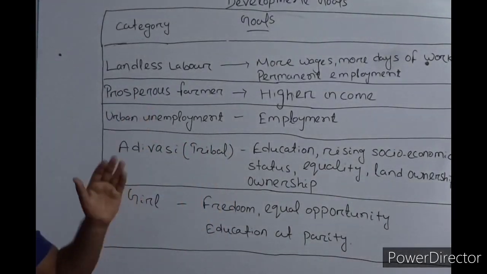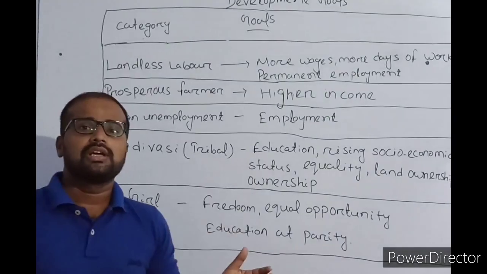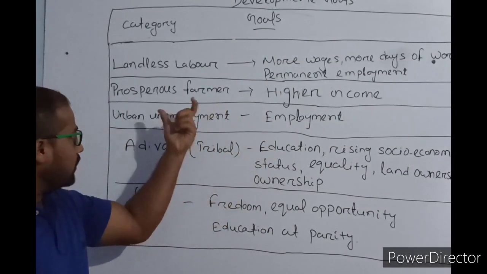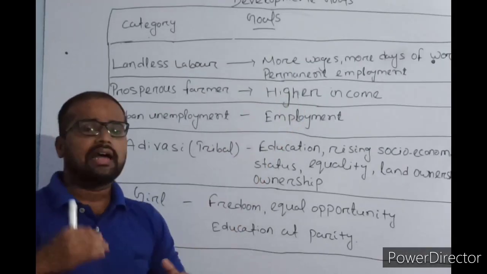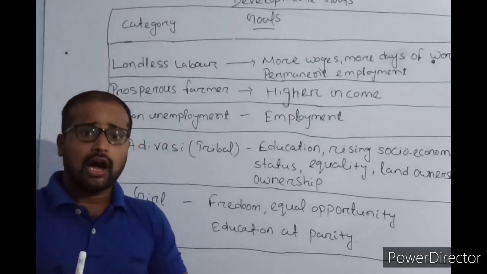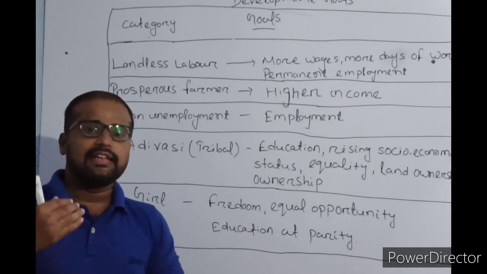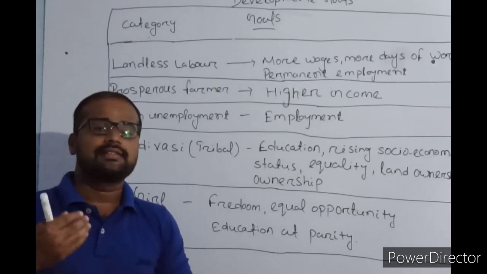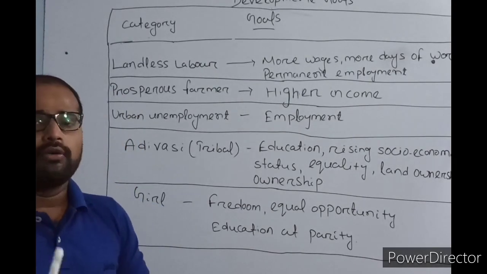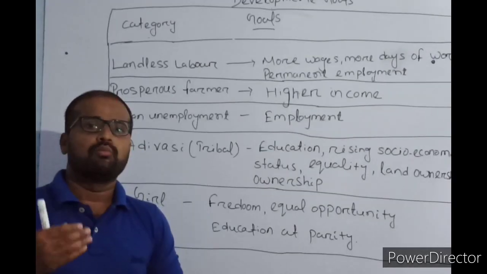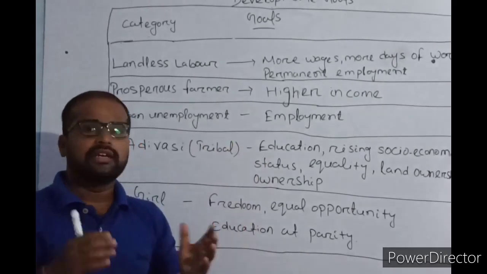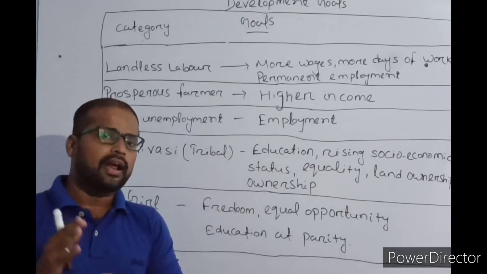At the same time, for a prosperous farmer whose land is very big, the developmental goal is to get higher and higher income, improve production techniques, get HYV seeds and more modern equipment for cultivation, and get the maximum support price from the government.